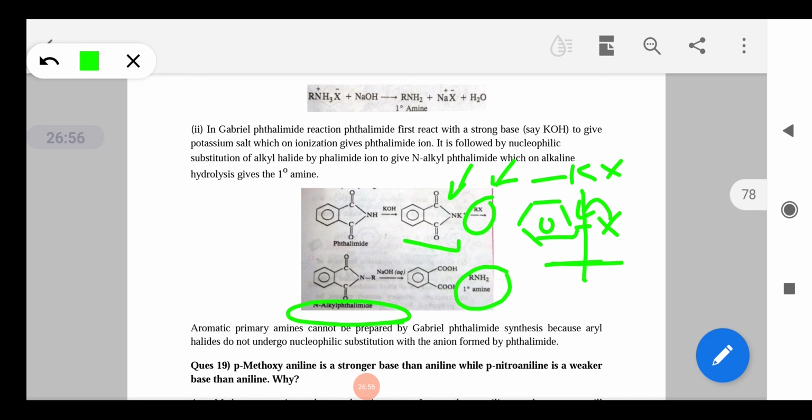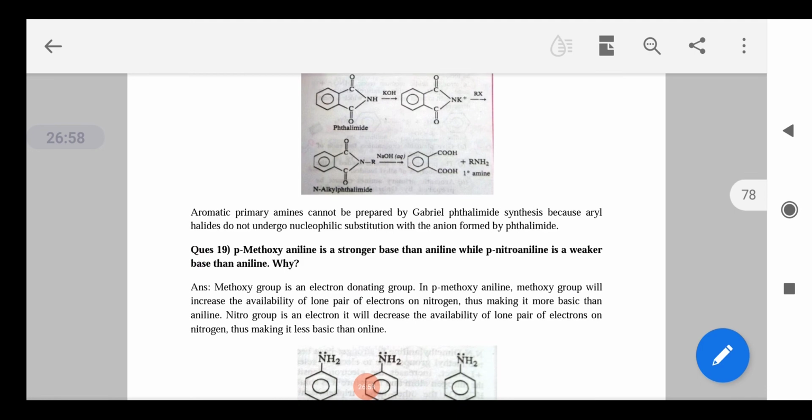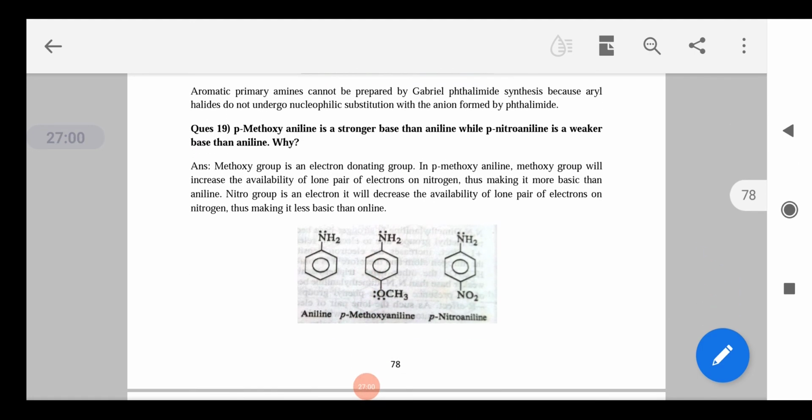So with this I am shifting to question number 19, which is the last question of this video. Para-methoxyaniline is a stronger base than aniline, while para-nitroaniline is a weaker base than aniline. Why?